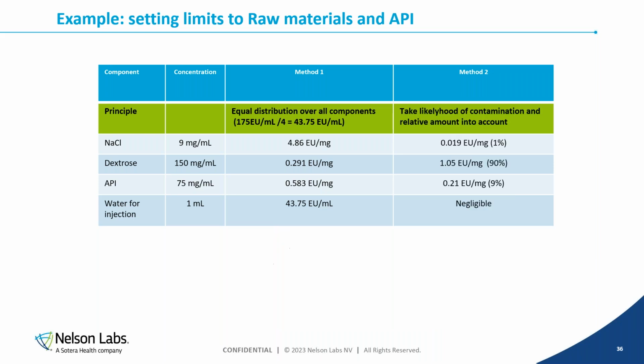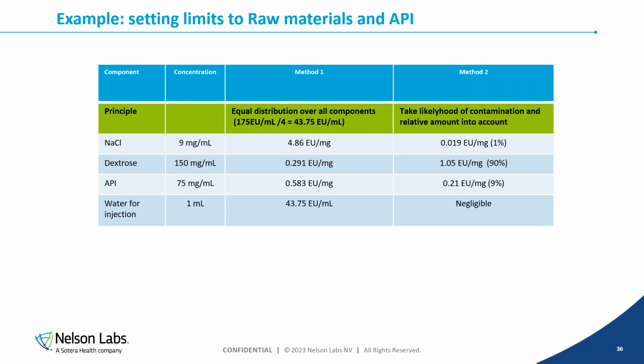So a better suggestion is to take the likelihood of contamination and the relative amount into account. We know dextrose is present in the highest concentration. We know that dextrose is prone to the highest possibility of finding endotoxin contamination. So let's set 90% of our allowable endotoxin to dextrose. Then we find a limit of 1.05 EU per milligram of dextrose.